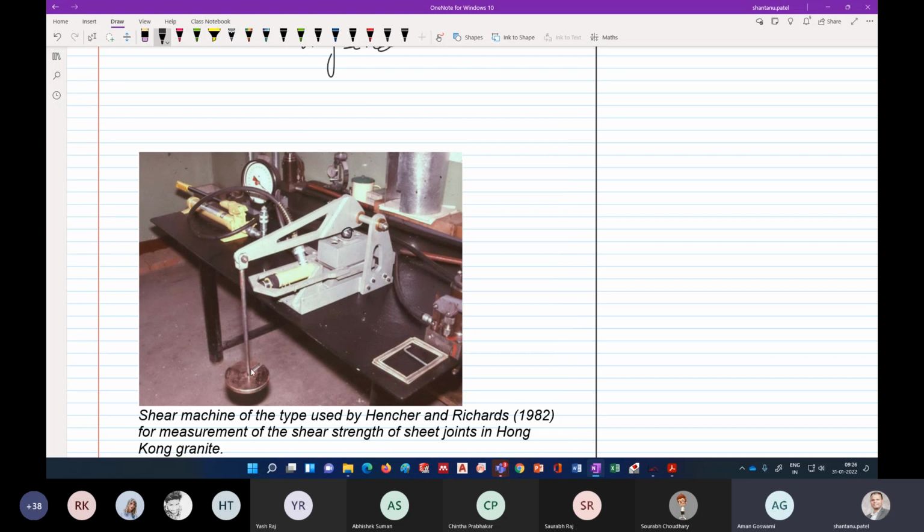This is the place where we add more and more weight, and this is connected to the top part of this loading frame here. This is the box where we keep the top part of the specimen and the bottom part goes here. Okay, and this is the loading arrangement. Can you see this?